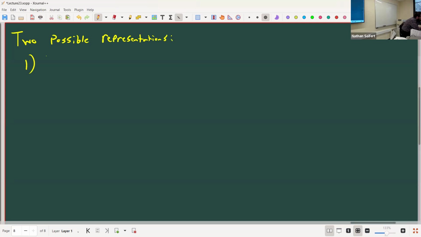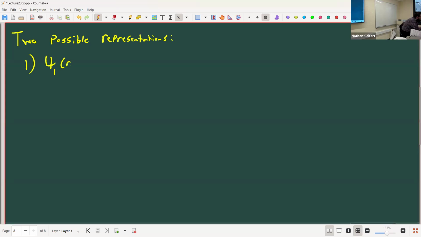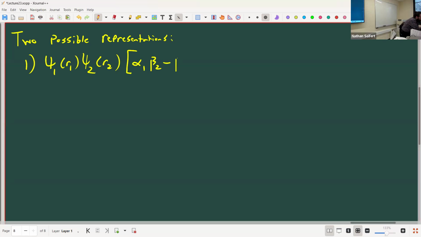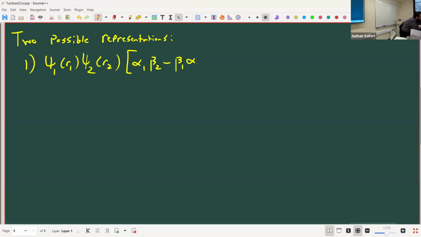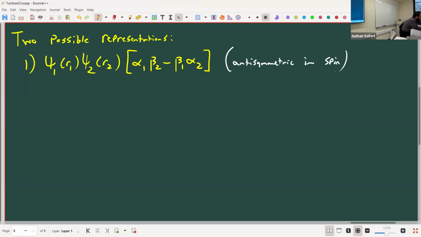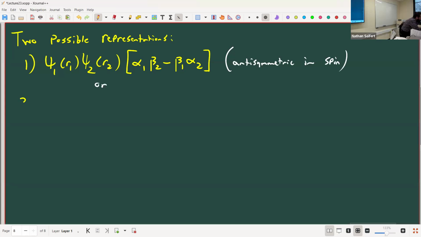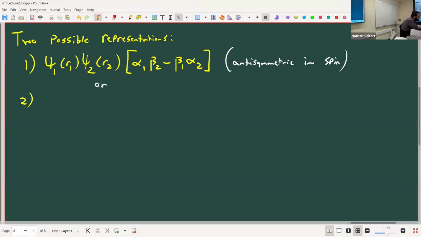One is psi1 r1, psi2 r2, where the antisymmetry is in the spin orbitals. So this is antisymmetric in spin. Or we can instead do a superposition of spatial orbitals.